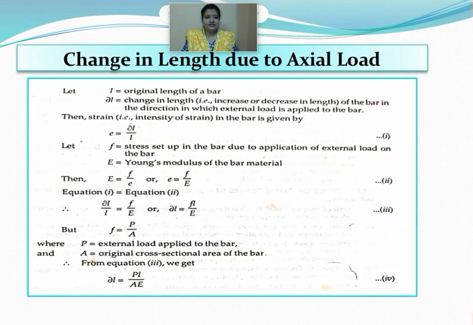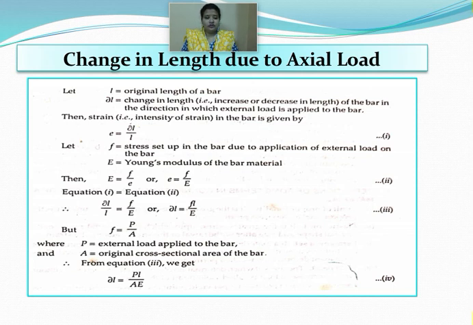So what I was telling is that we are going to discuss change in length due to axial load. Axial load means the load that has been applied through the axis of that particular bar or object.